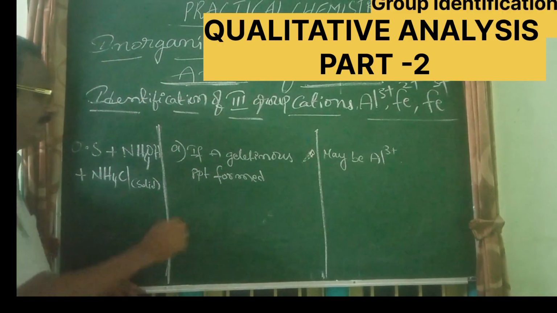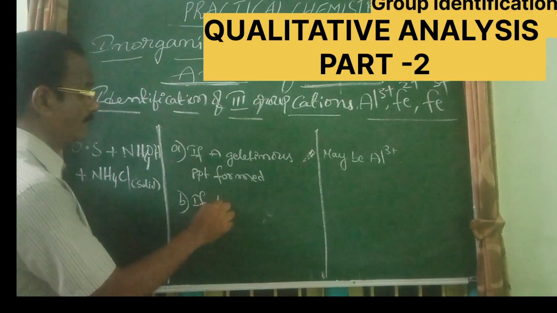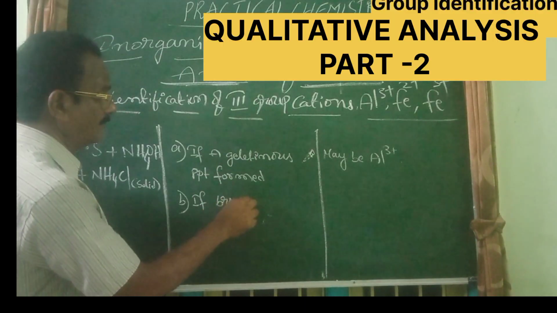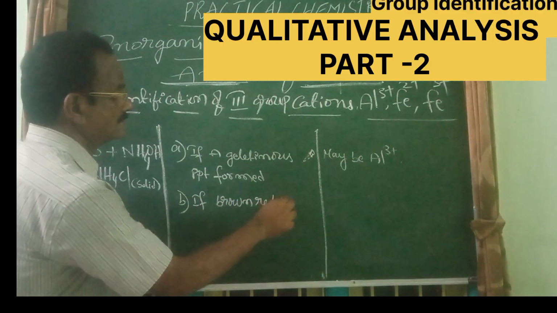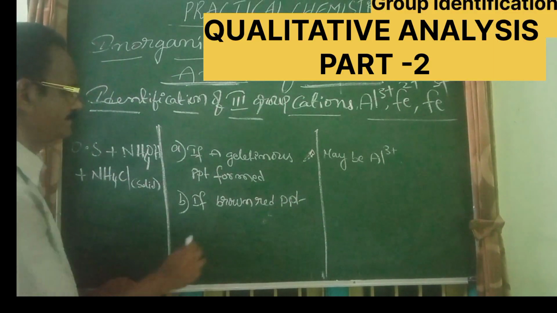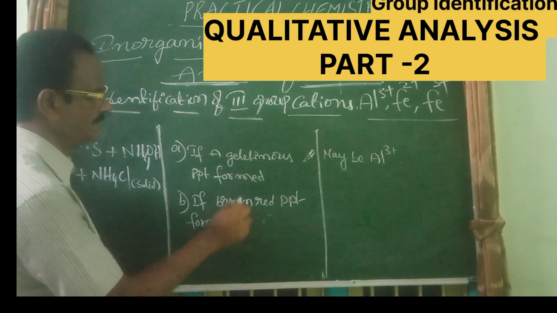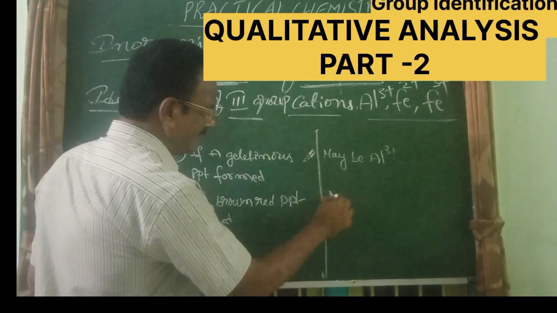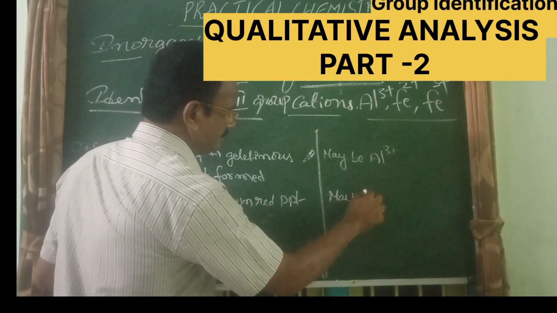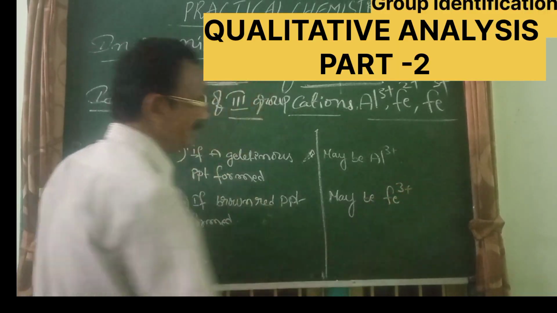Second observation, if brown red PPT formed, PPT means precipitate, maybe Fe3+, keep in mind.